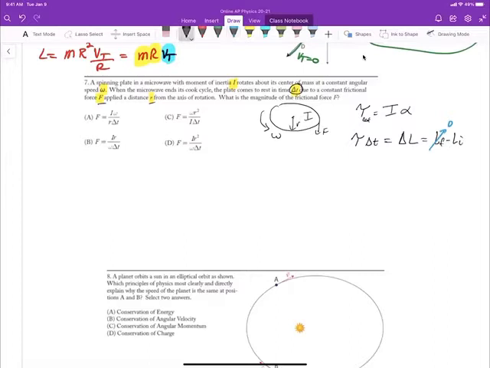The torque being applied is the force of friction times the distance away from the axis of rotation. We'll have to assume it was at a 90-degree angle and that sine theta is equal to 1. I probably should have done a better job of explaining that.